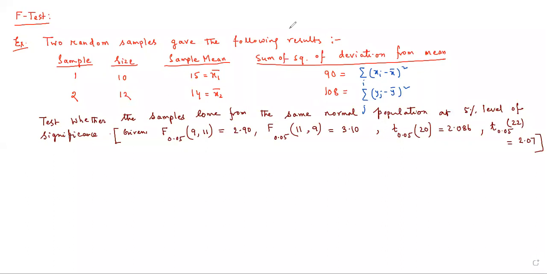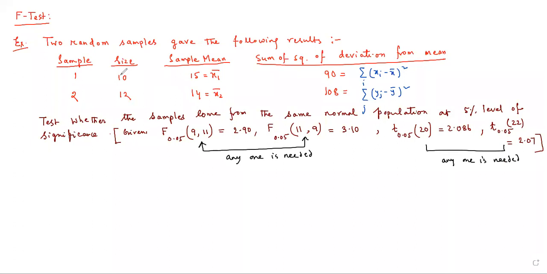Now we actually do not need these 4 tabulated values. We need any one of these 2 tabulated values, and here also we do not need the 2 tabulated values; any one is needed. We just have to find out which one is the appropriate tabulated value. This question is similar to the question discussed earlier.